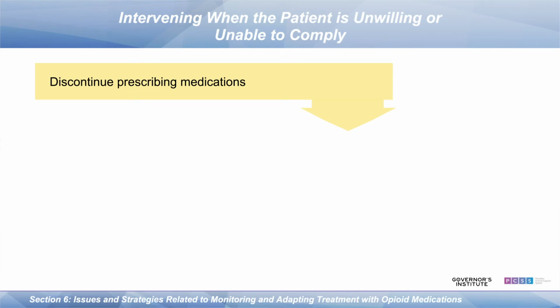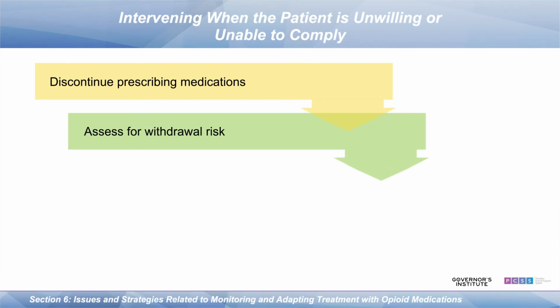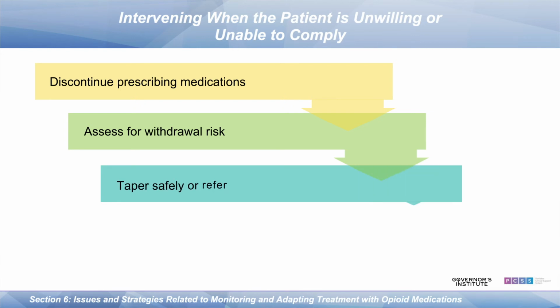In some cases, it may be possible to safely manage an outpatient structured withdrawal from the medication, but if immediate cessation of prescribing is indicated due to safety concerns, it is necessary to assess for withdrawal risk, and it is necessary to refer or otherwise offer options for withdrawal management.